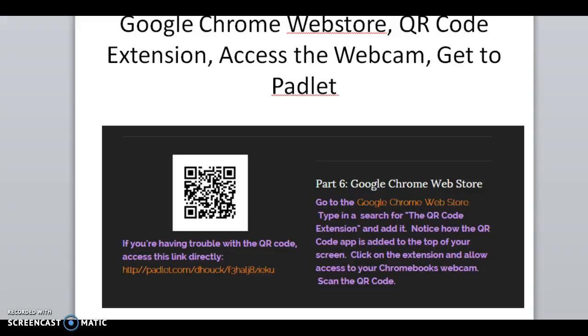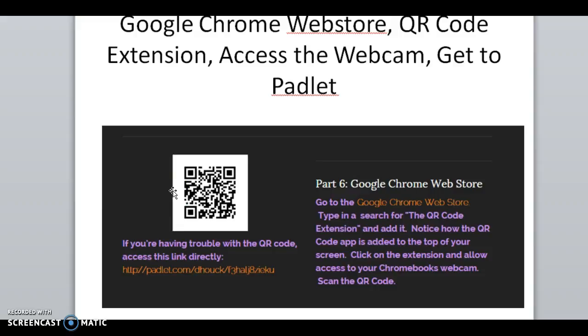They went ahead and accessed the extension, and they learned that it would then turn on their Chromebook's webcam. At that point, they were able to scan the QR code that I had provided to them in the Weebly. Again, another tool that they could use to incorporate into their blogs.